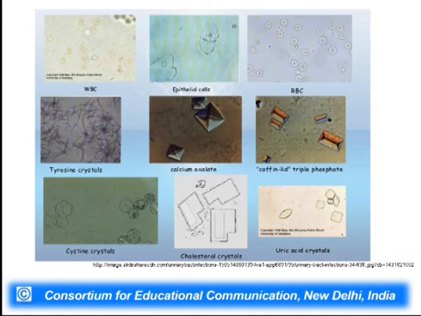All these things are observed under the microscope, and if they are shown in the urine, the pathologist or doctor recommends another test so that that particular disease condition can be confirmed or ruled out.